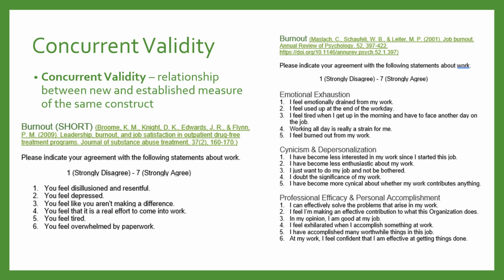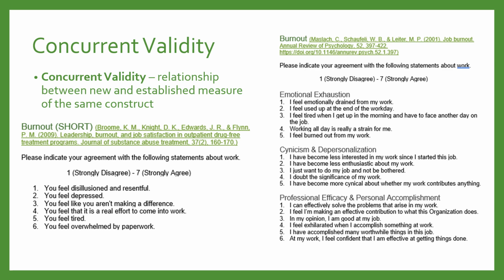Concurrent validity is all about looking at the relationship between new and established measures of the same construct, because the measurement procedure distinguishes between sample members in the same way, not necessarily because it measures the exact same thing. So this is useful for creating cheaper, shorter, or easier versions of surveys or tests.